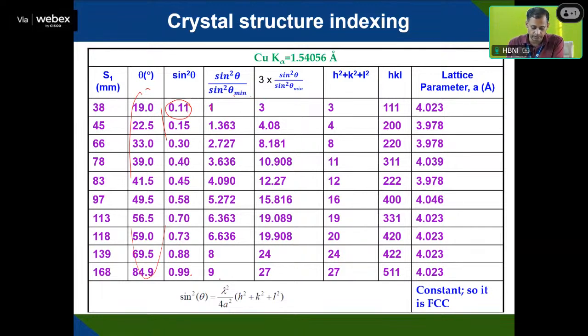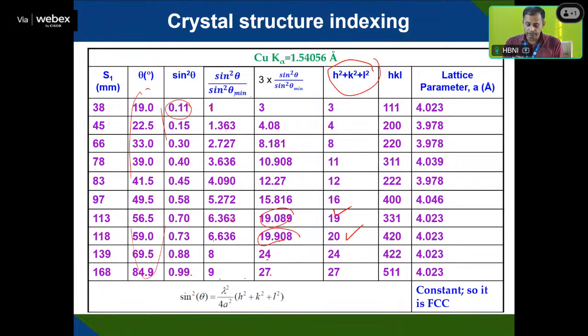If you multiply by 3, 9 into 3 is 27, and 24 is almost 19.9, so you can take it as 20, and 19.084 you can take as 19. So that nearest whole integer will be the h square plus k square plus l square value.